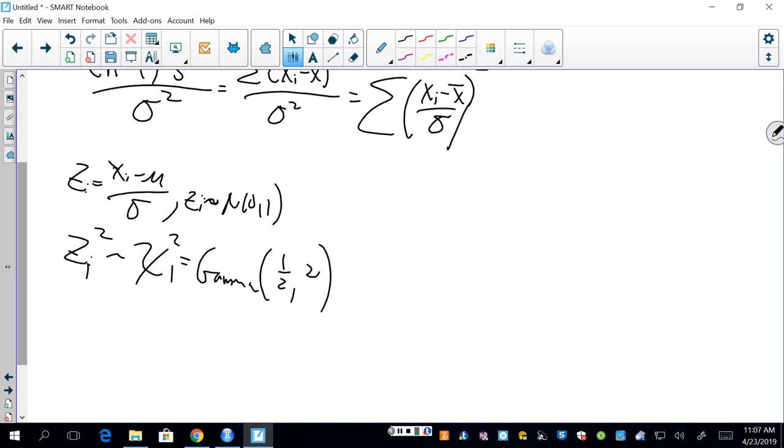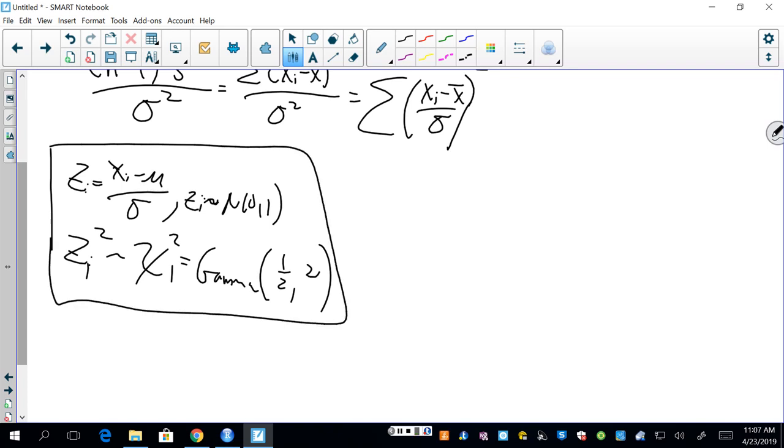So if you started with a univariate normal and square it, we could use our PDF method or our CDF method to get that it follows a certain gamma distribution. Within the scope of the course, we did this type of work: if you have an x that's normal and standardize it, you get a standard normal. If you square it, you get a particular gamma distribution, which was also called a chi-squared.